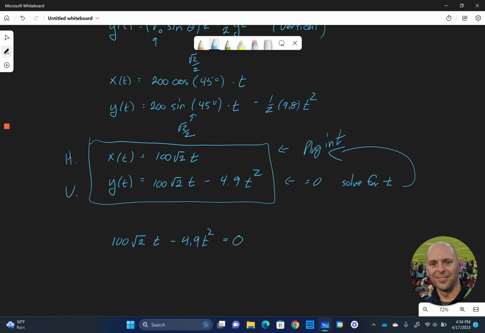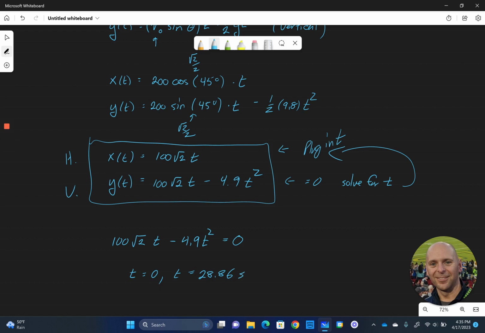And how we go about solving this isn't particularly important. We need to just get those values, and from there we can then find that t that's appropriate and plug it in. So when you do that, you get a couple of values here. We end up with t being equal to 0, which would indicate that's when we launched it. And the other t is equal to about 28.86 seconds.